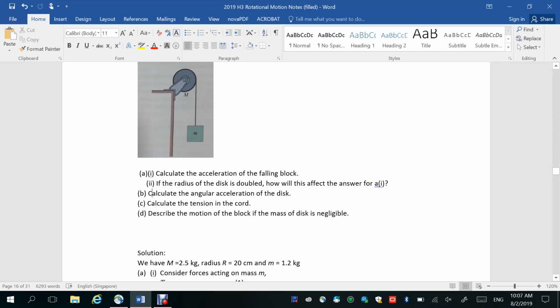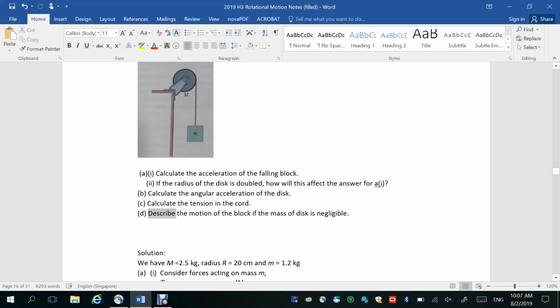D, you're asked to describe the motion of the block if the mass of the disk is negligible. That means your big M is almost 0.